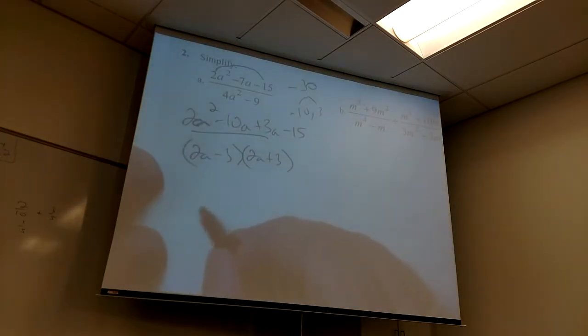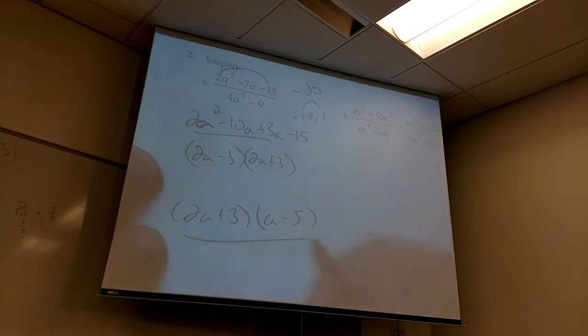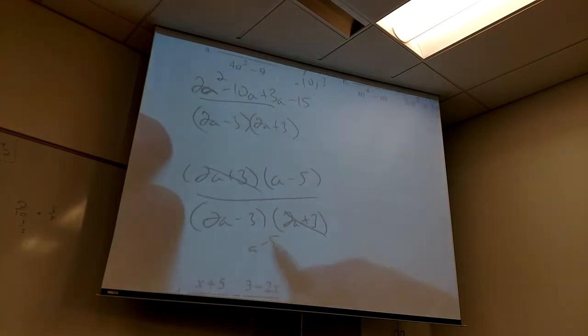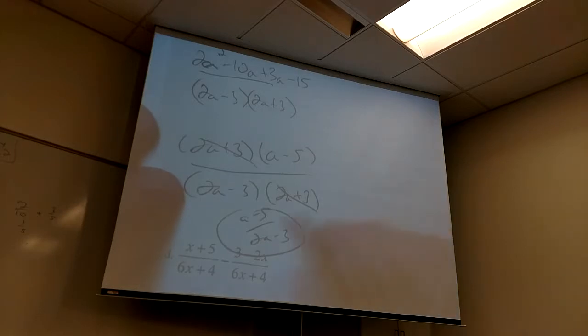Just to cut to the chase, you'll get 2a plus 3, and you'll be left with a minus 5. Is that what you guys got for the top there? So then bam, bam, you should get a minus 5 over 2a minus 3. Cool, I like it, right?